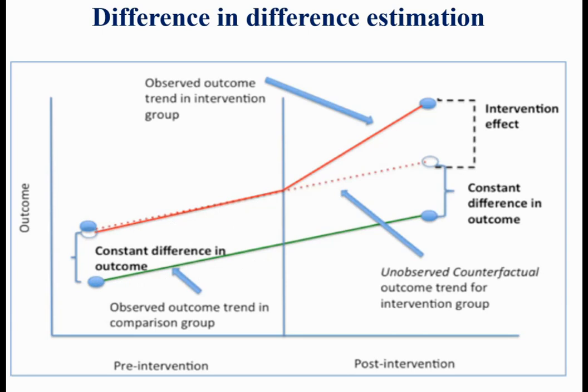And then after the intervention, there is a change in the direction or movement of the treatment group, and this is as a result of what? Of the treatment. So in this case, we can establish that the change in the movement of the treated group is as a result of what? Of the treatment that was given.